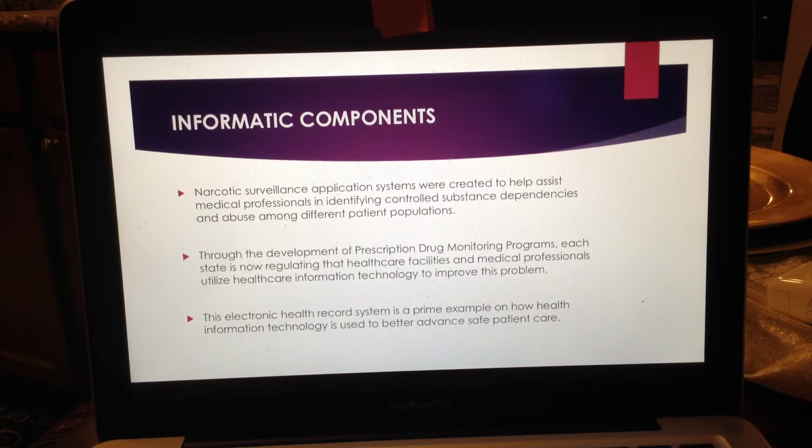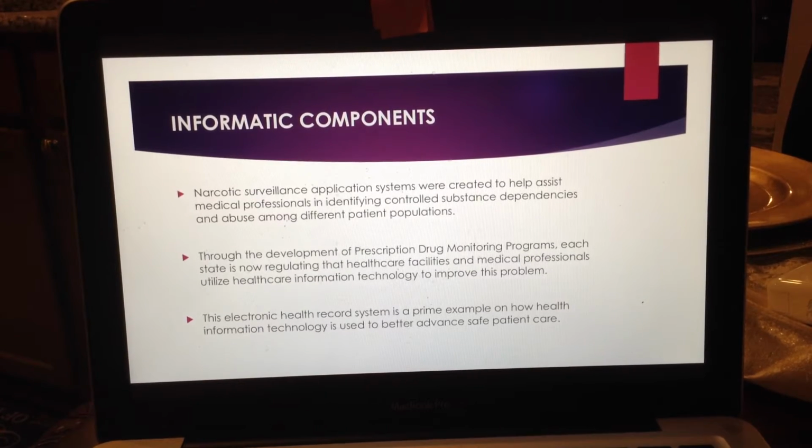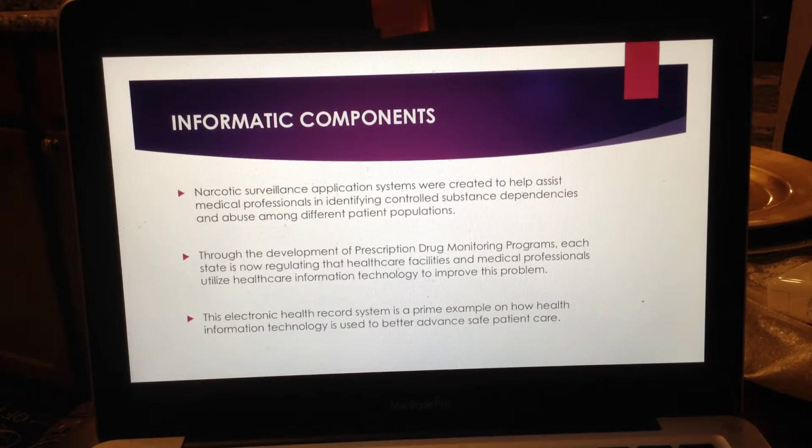For the script application, this particular tracking system collects, organizes, stores, and retrieves prescription medical history through the use of electronic computer systems. It should be available 24/7 throughout the day.